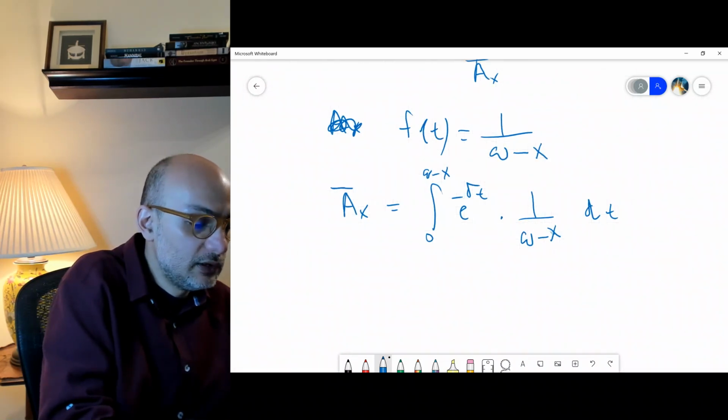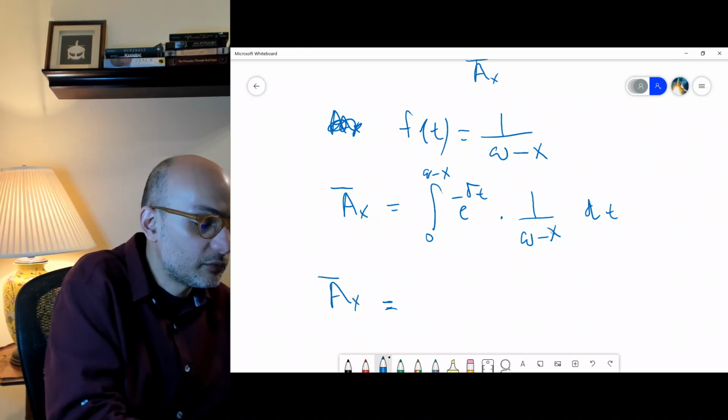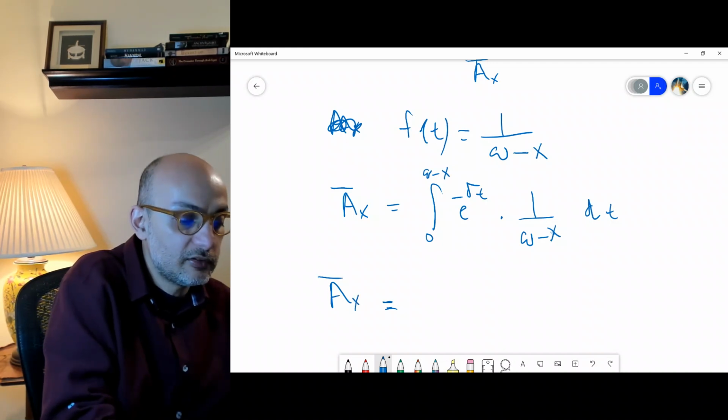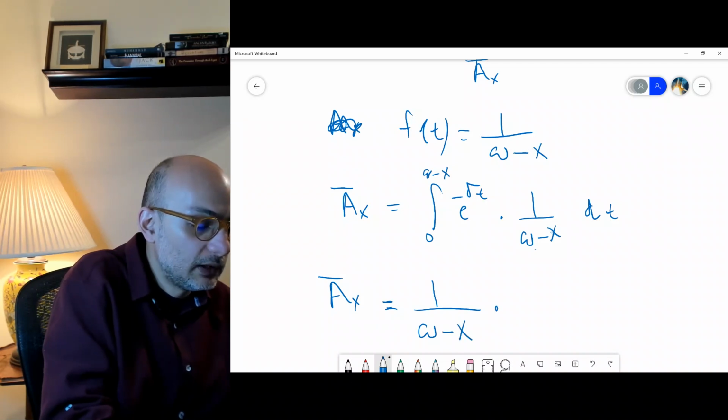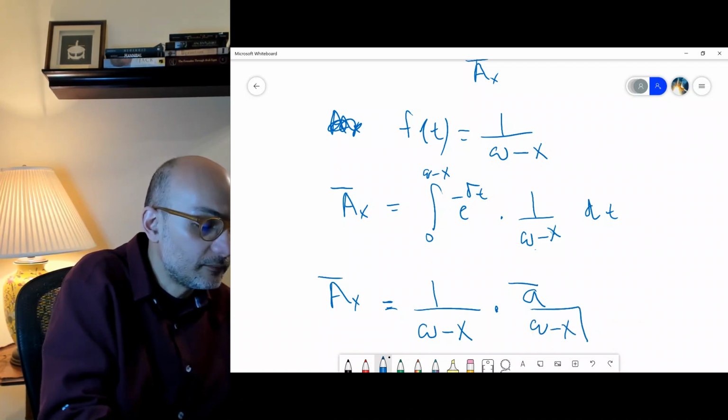If you do a little bit of manipulation, the general form is easy. You just take this constant outside and integrate. What you will have is omega minus x multiplied by annuity certain omega minus x.